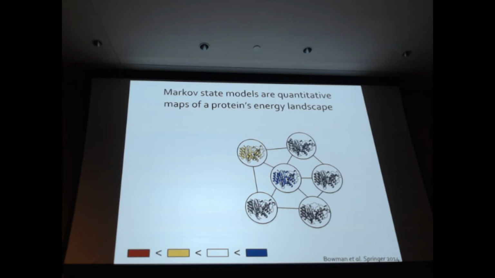This is extremely powerful because even if we have simulations that are limited in length compared to the timescales we'd like to access, as long as we can start them all over the landscape and independently learn these different transition rates, we can piece all of these relatively short simulations together into models that capture long timescale events, far beyond the reach of any individual simulation.